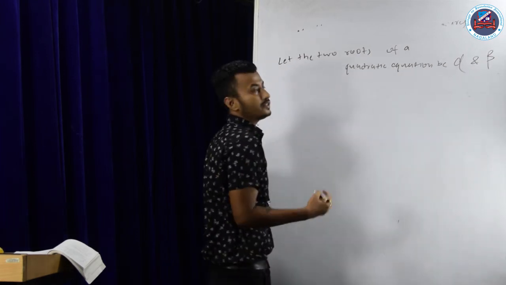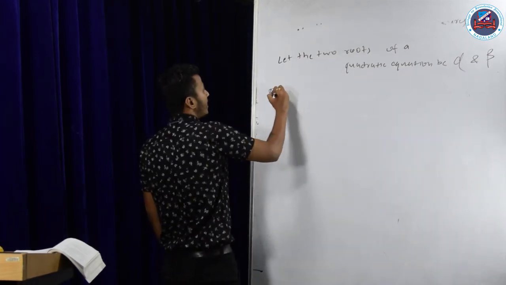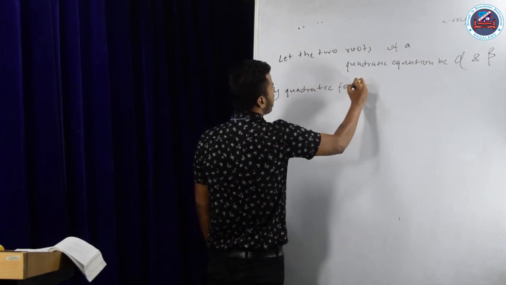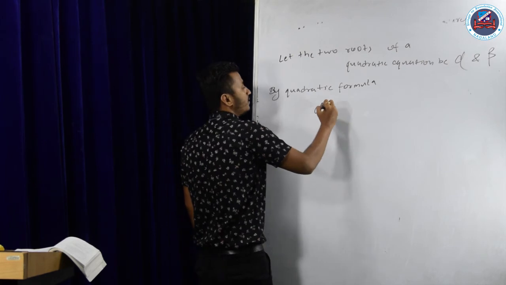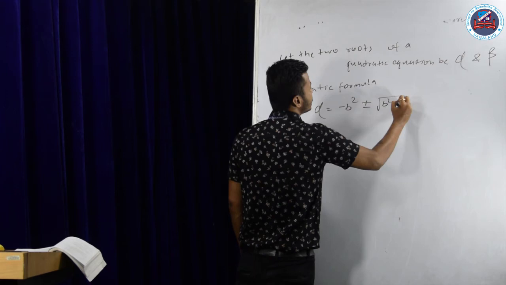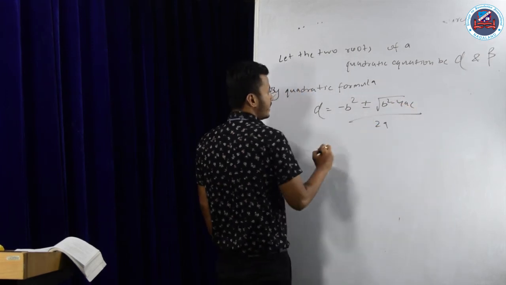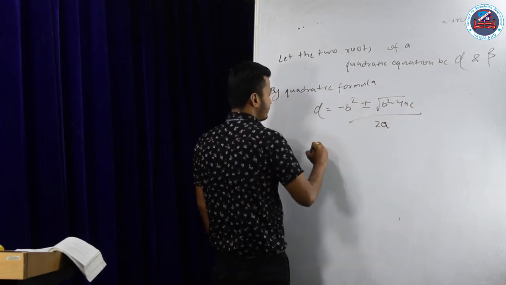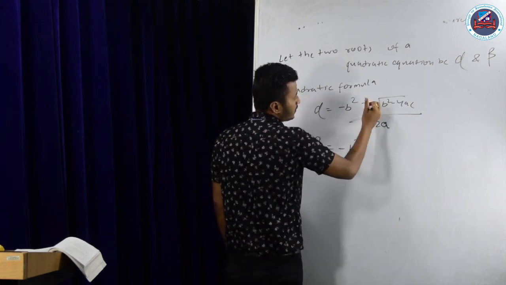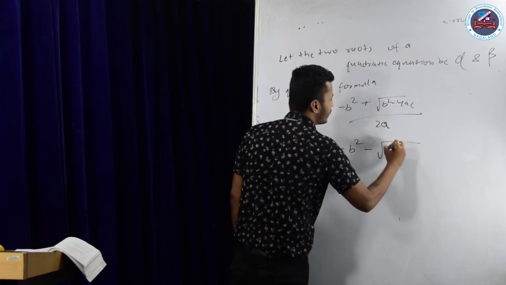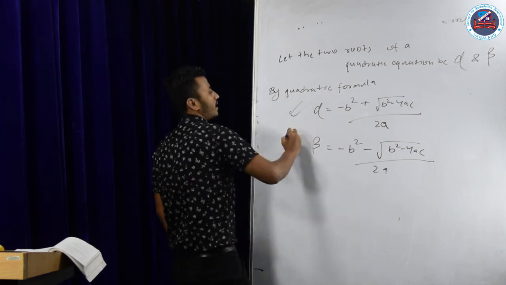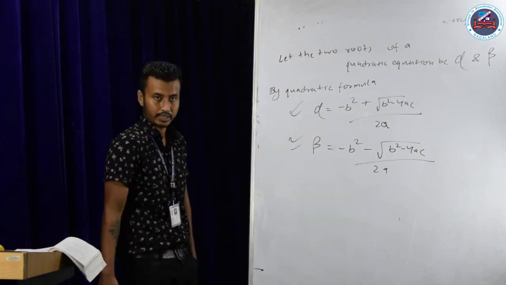So by the quadratic formula, alpha will be minus b plus under root b square minus 4ac, all by 2a. And beta will be minus b minus under root b square minus 4ac, all by 2a, just a change of sign in the formula, guys. These are the two quadratic formulas to find the two roots of the quadratic equation.